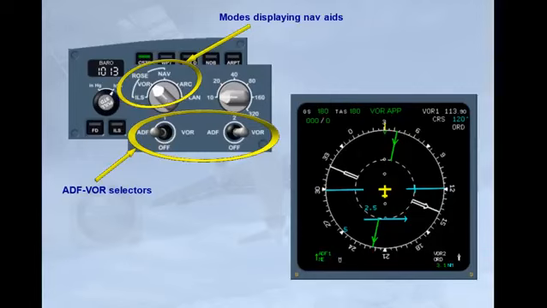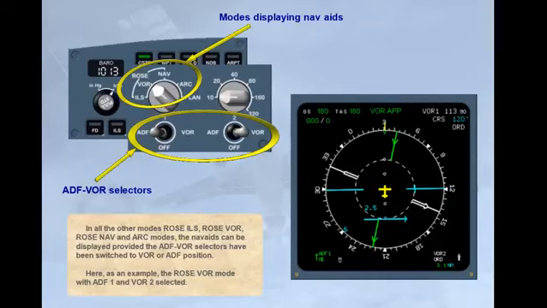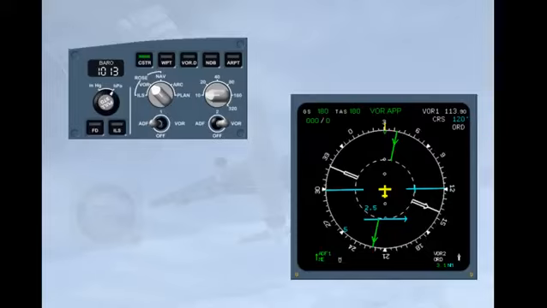Here, as an example, the ROSE VOR mode with ADF-1 and VOR-2 selected. ADFs are shown as green pointers, here ADF-1. VORs are white pointers, in this example VOR-2.